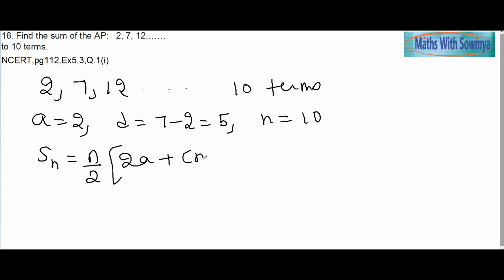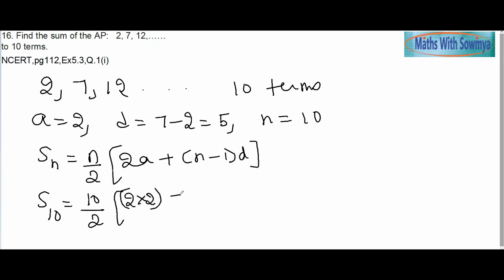Sn = n/2 [2A plus (n minus 1) into D]. Yes, we have to find the sum up to 10 terms. 10 by 2, 2 into 2 plus 10 minus 1, D is 5.